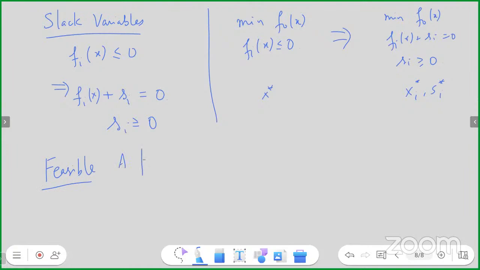A point or solution is feasible if it satisfies all the constraints, really.